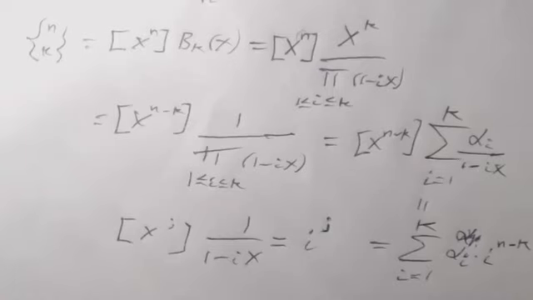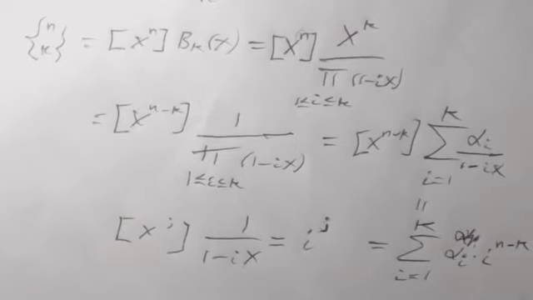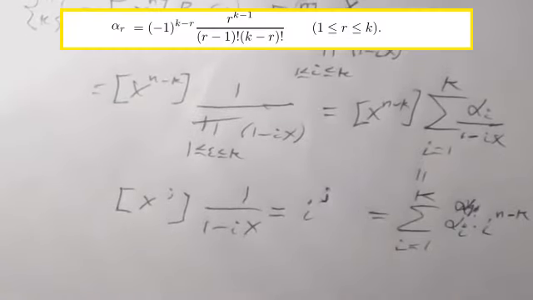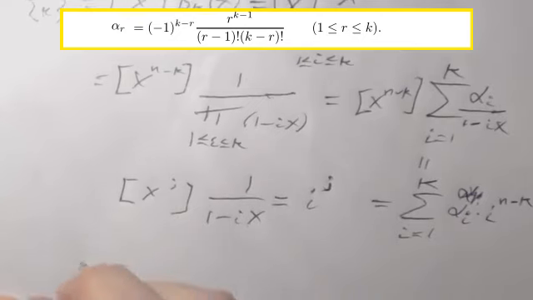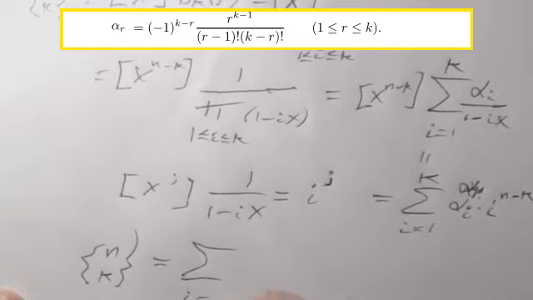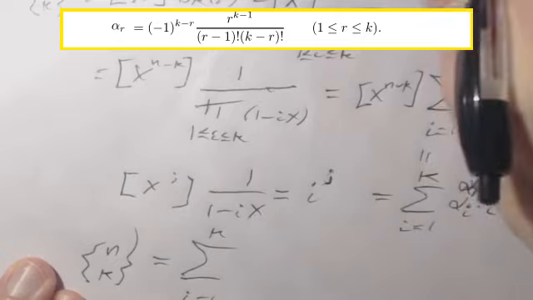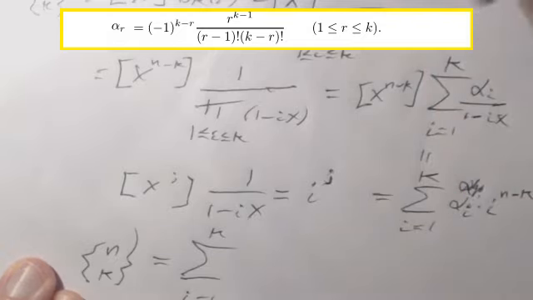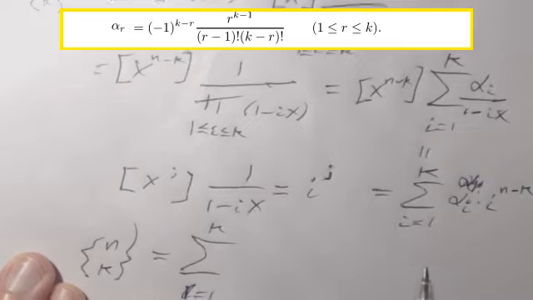So what are we going to get here? Assuming I've not made any mistakes, I've not been following the book on this, I've just been doing it myself. So we're going to get that this is equal to the sum of i equals 1 to k of, and if you recall what alpha i was, I'm going to sum over r because we worked out what alpha r was.